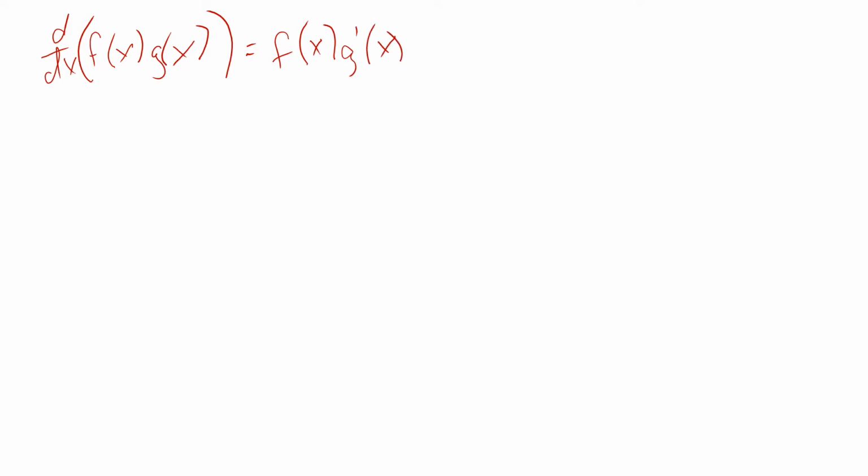If we remember, the product rule says that if we have a function f of x, g of x, and we want to take the derivative of that, d dx of this guy, we're going to get f of x, g prime of x, plus f prime of x, g of x.